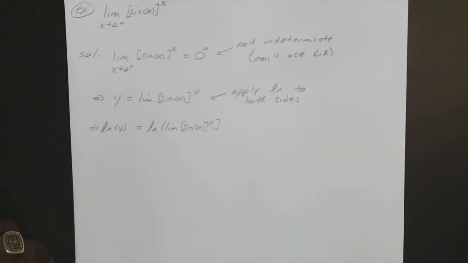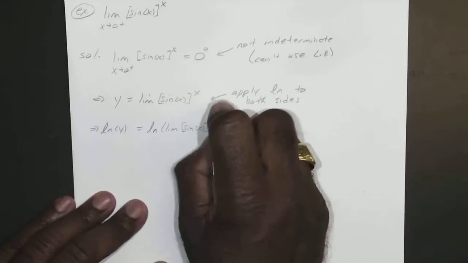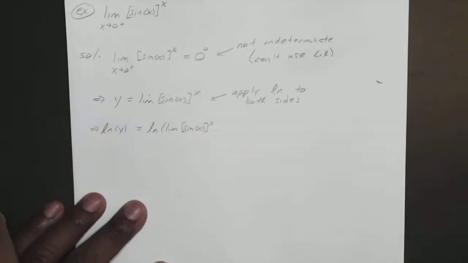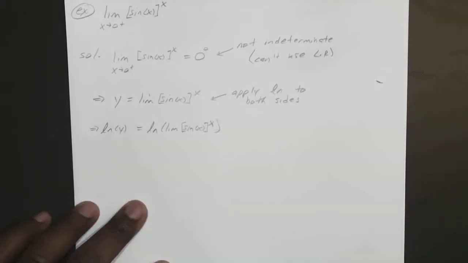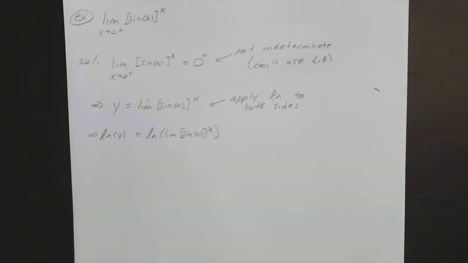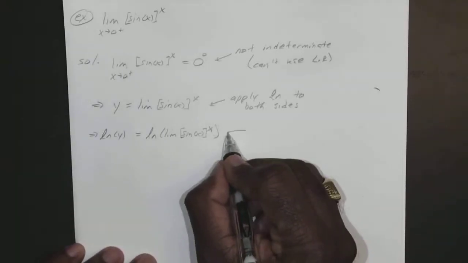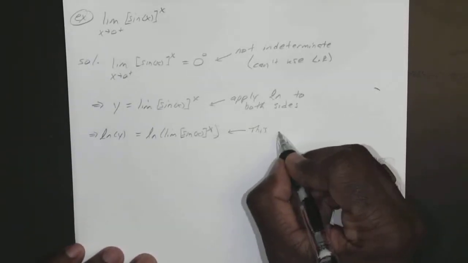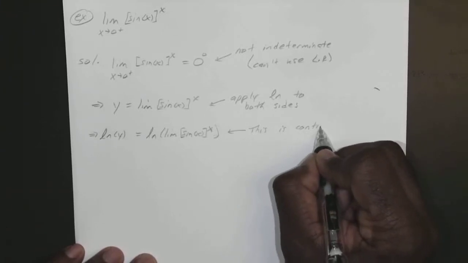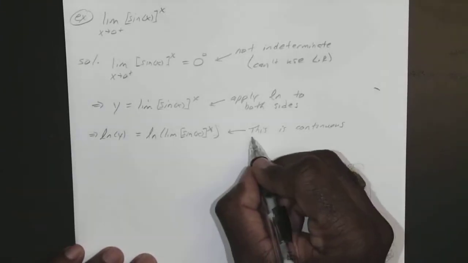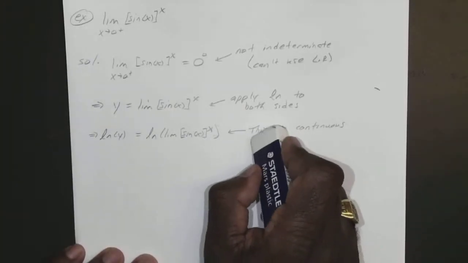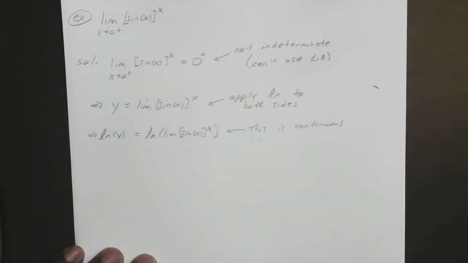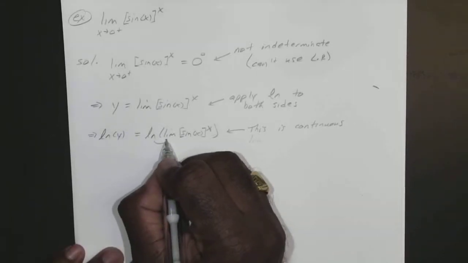I'll make that a parenthesis just to match it. Now this is continuous. We know that sine is continuous everywhere. So the natural log of the limit is equal to the limit of the natural log. So you can actually swap those two.